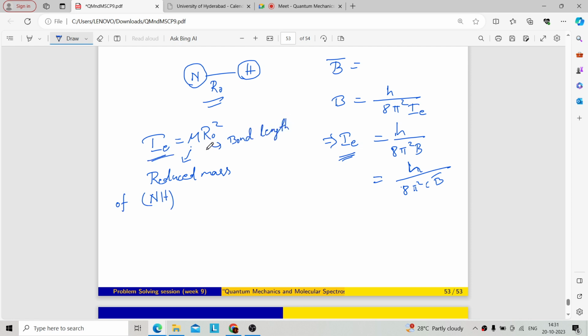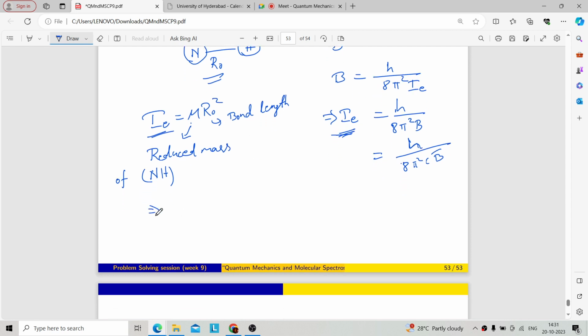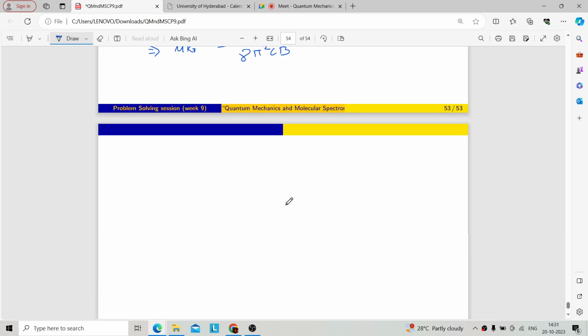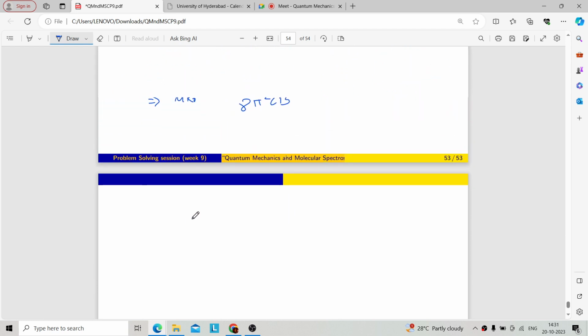So if we equate these two equations, we will get mu R naught square is equal to h over 8 pi square c V bar, or R naught square is equal to h over 8 pi square c V bar mu.